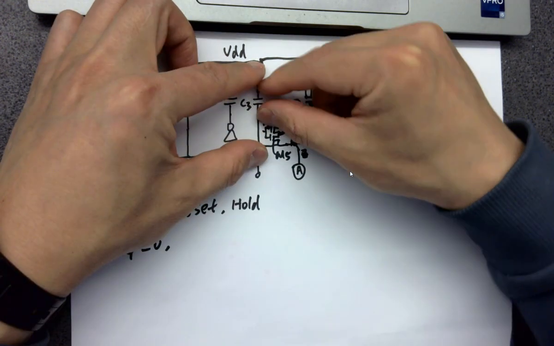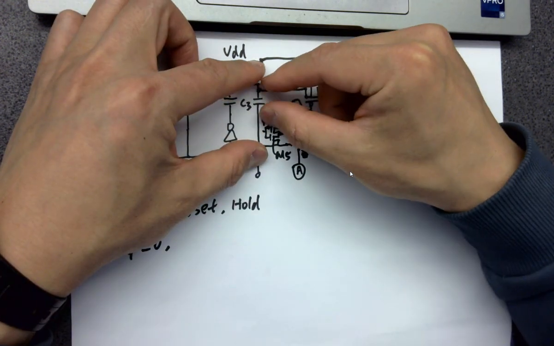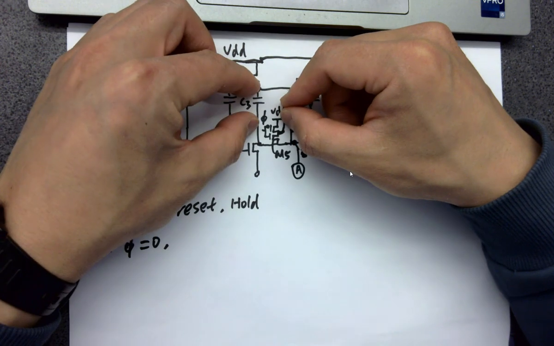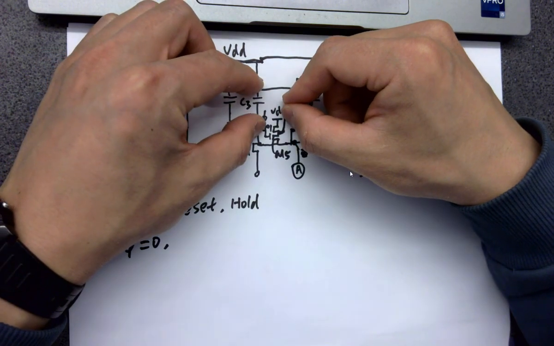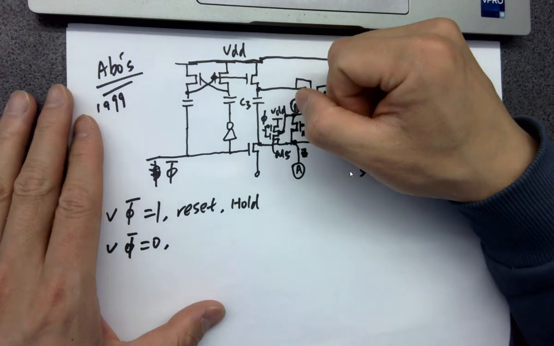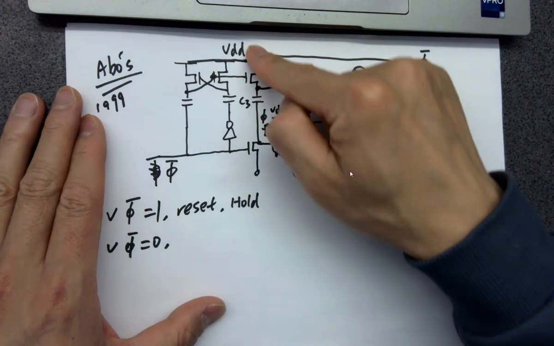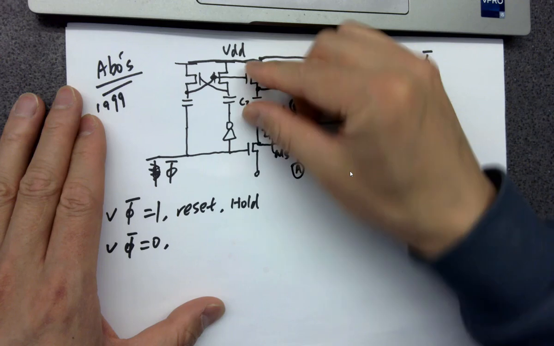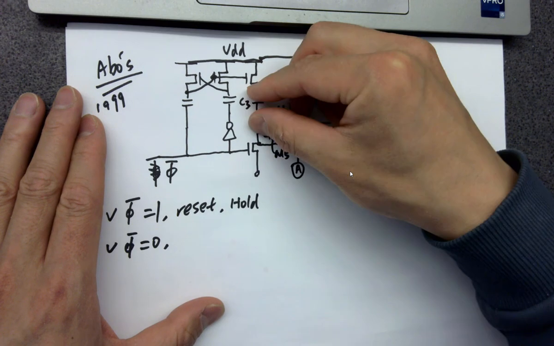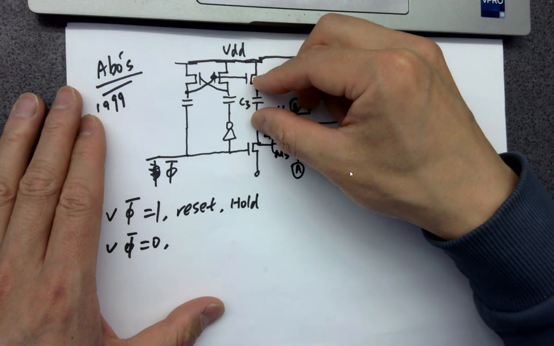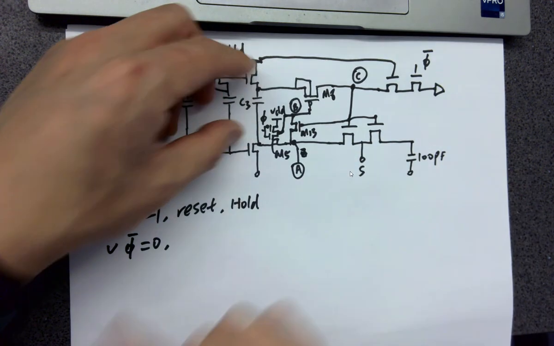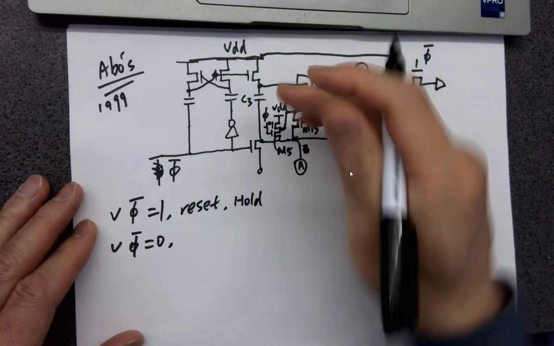All right, nothing is going to discharge it. It's going to be a floating VDD. So whenever this is 1, it pulls VDD here, and whenever this is 0, it turns it off and this guy becomes a floating VDD. So now when this is 0, it's a floating VDD.